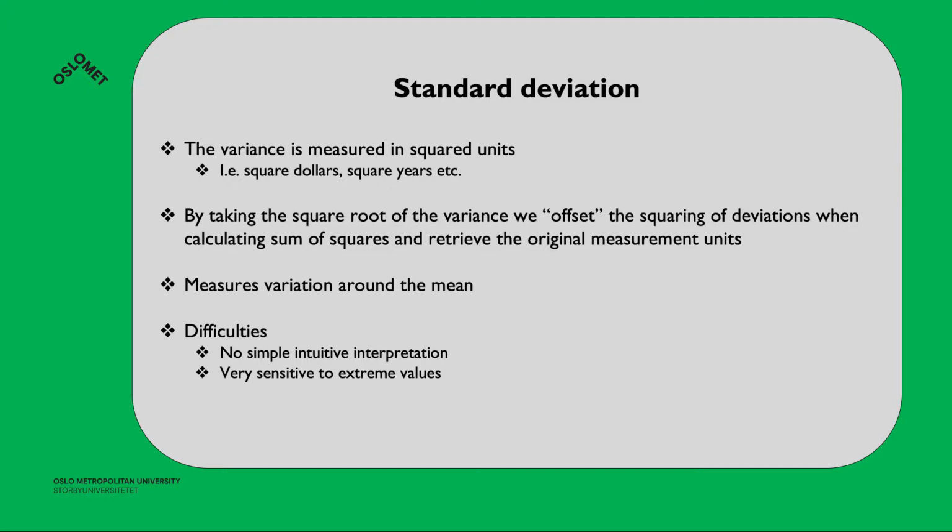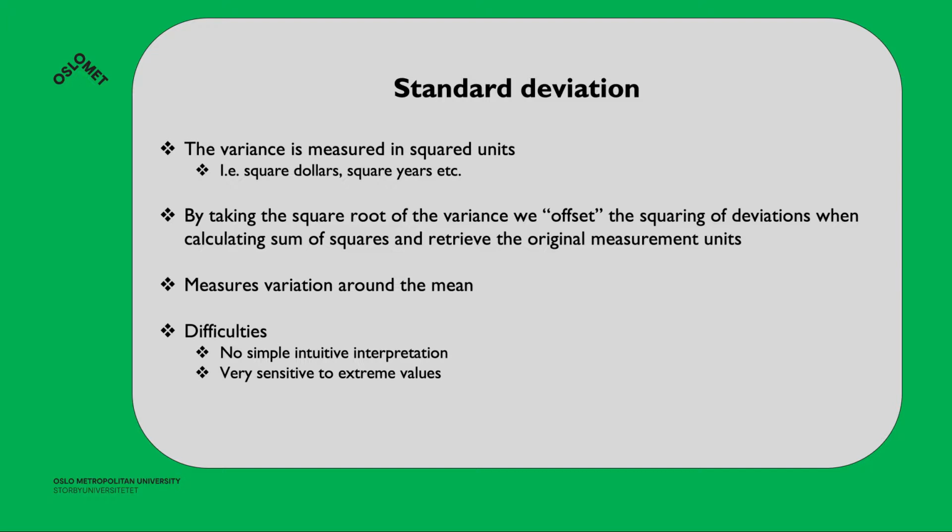So then we get a measure of the variation around the mean. The difficulty is that we have no simple or intuitive interpretation of the standard deviation, and it's very sensitive to extreme values also.